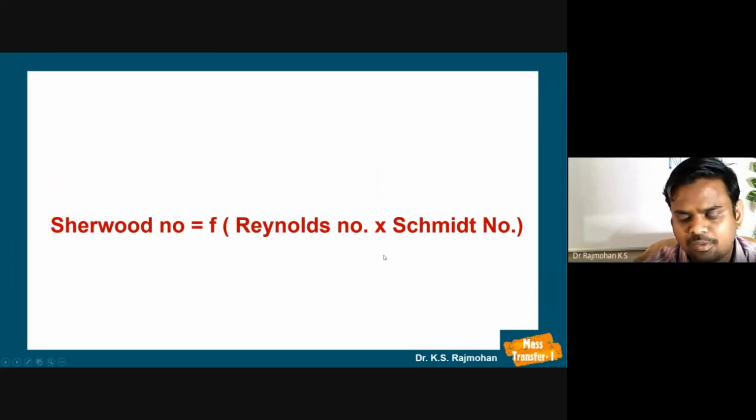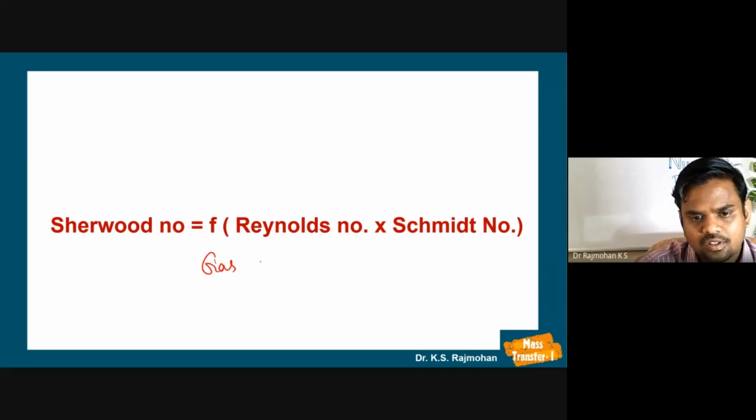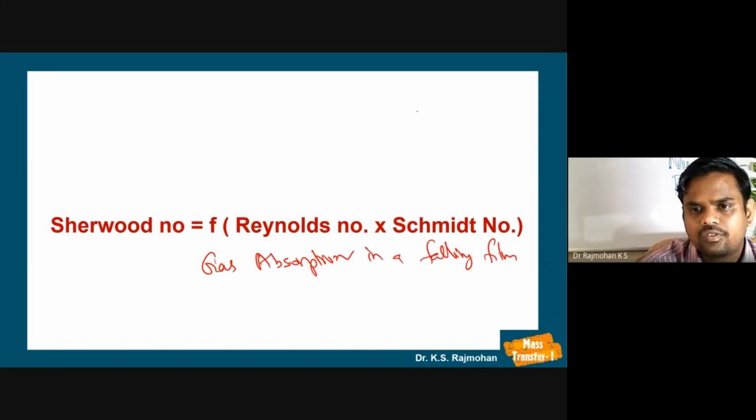So now I will see some of this. As I said, for each geometry, we may be coming across a specific system. For example, gas absorption in a falling film. Falling film, in the sense that you have a long tube.